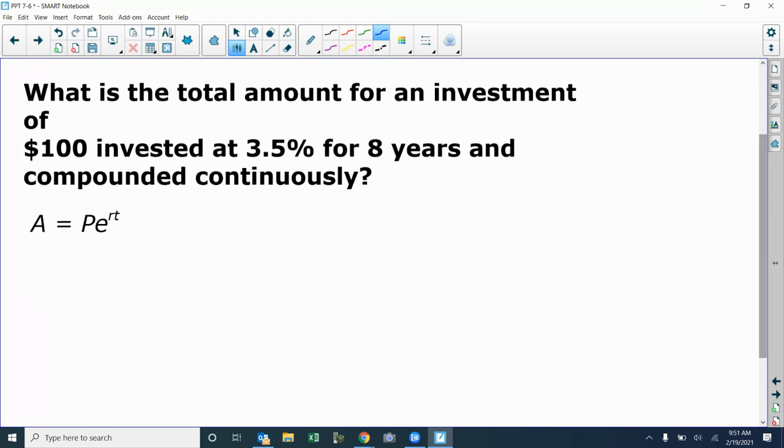Let's take a quick practice. 100. Find your e button, second ln. 8 times. Make sure you put your rate as 0.035. I don't even know, 133, I think, somewhere around there. Is that it? 132? I didn't think it was much.